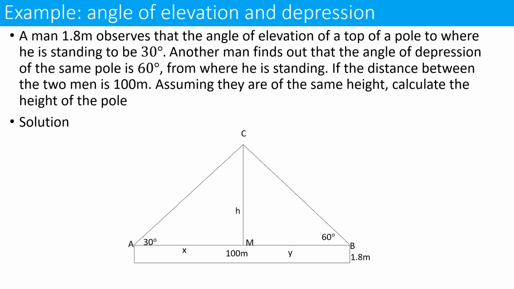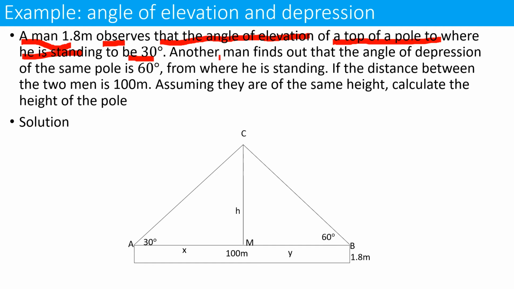So we have a worked example on the angle of elevation and depression, the application of trigonometry. Let's look at this question. A man 1.8 meters high observes that the angle of elevation of the top of a pole from where he is standing is 30 degrees.